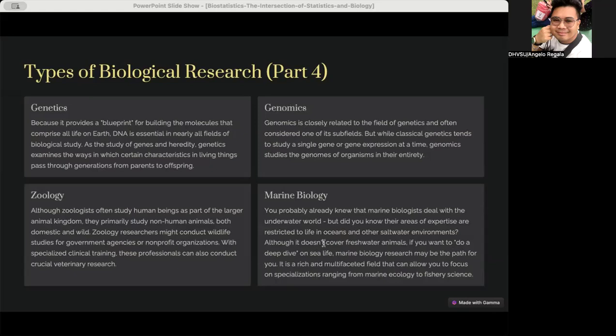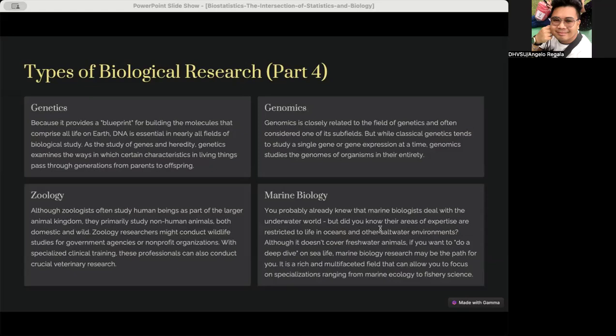Somewhat similar to evolutionary biology. Genomics is closely related to genetics and often considered a subfield of genetics. But classical genetics tends to study a single gene or gene expression at a time.